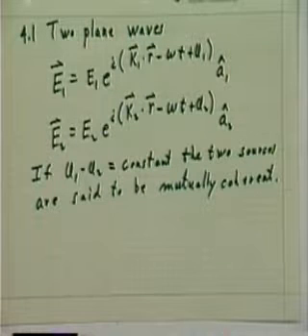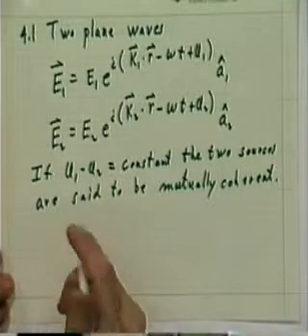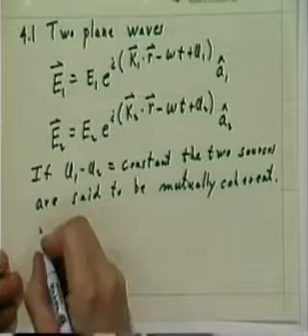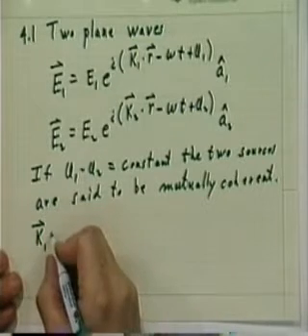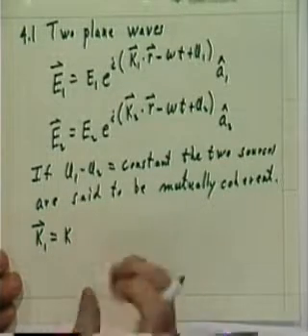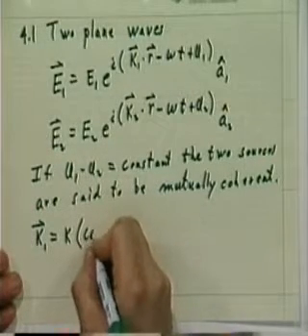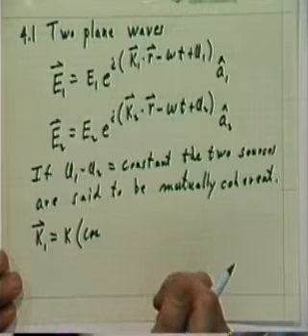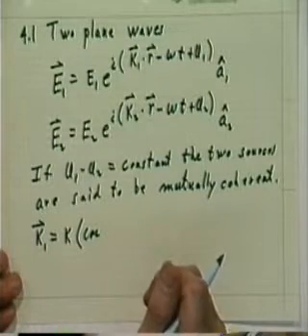So the next thing we have to do is look at these k's. I'll first write down what they are and then we'll make a little sketch. The propagation vector k1 is equal to k, which is just 2 pi divided by the wavelength, times the cosine of, yes, question? Constant in time.